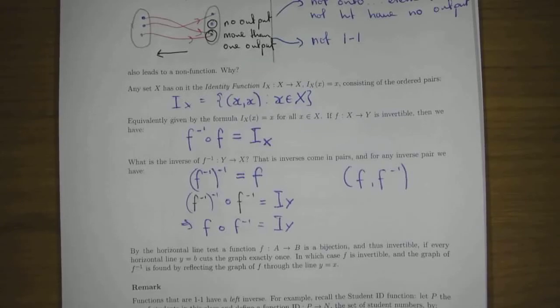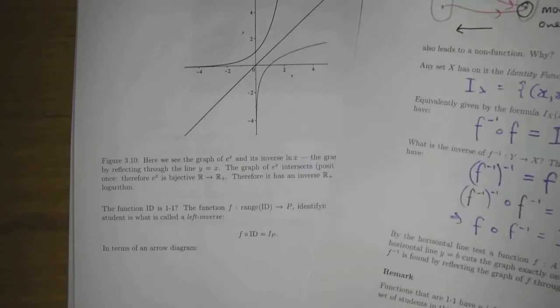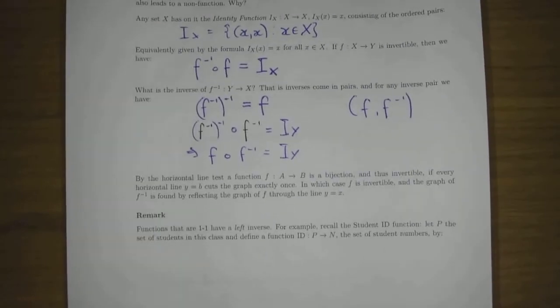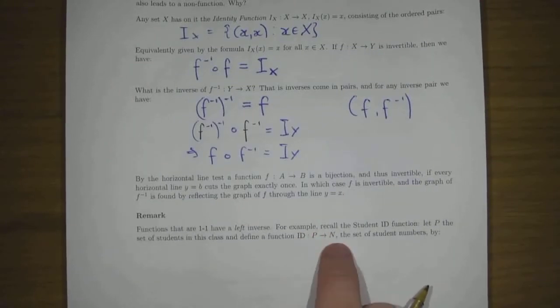Now here's a small thing. We kind of messed around earlier where we just changed the domain. And what you can do is, say for student numbers, you can go backwards from student number with the ID function. Remember, the ID goes from students to student numbers.